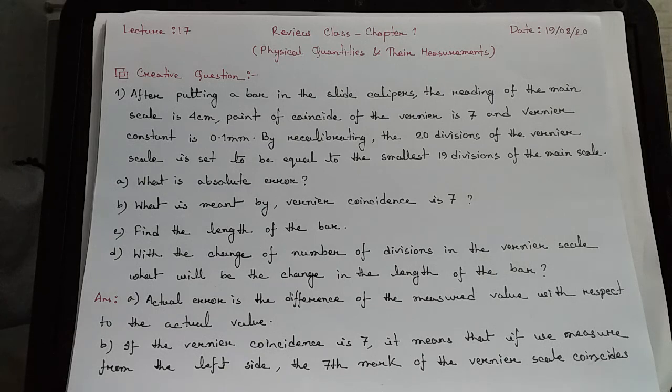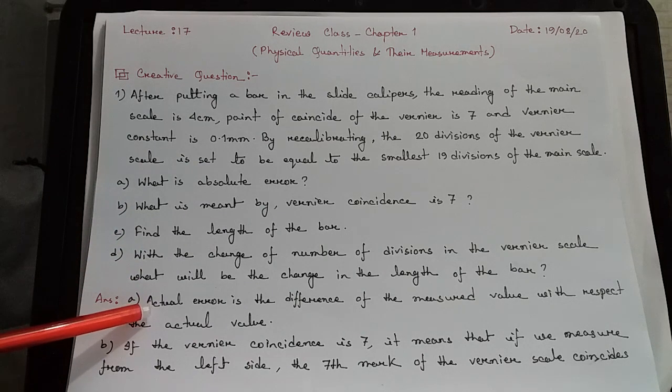Absolute error is the difference between the measured value and the actual value. Okay, then question number B, what is meant by vernier coincidence is 7? Here I have written actual error, just make a correction, this will be absolute error. Vernier coincidence, we know this term: while we are measuring the length of any object, we use the slide calipers.